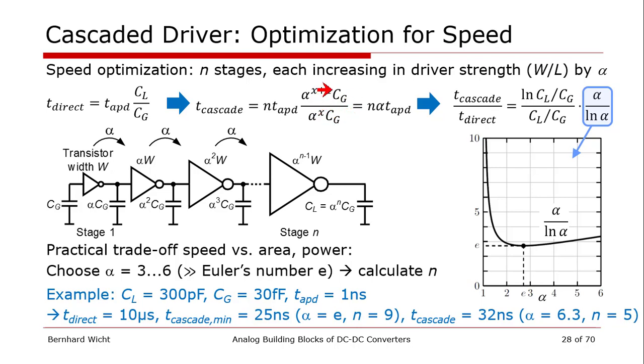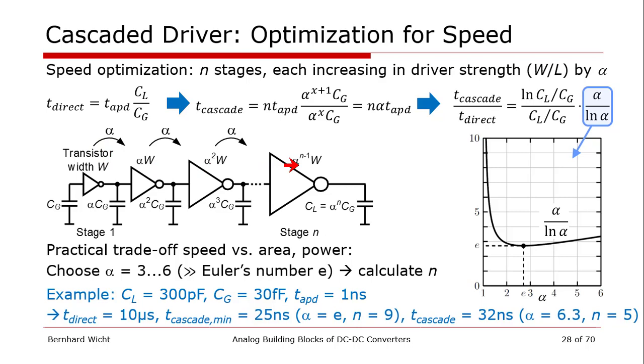So if we have a scaling of alpha, we can insert what we learned about the direct scaling here, and then we get basically alpha times t_APD as the delay of one stage. And if you have N stages, this is the equation that defines the delay of one of these configurations with cascaded inverters.